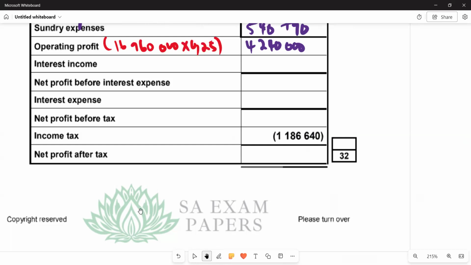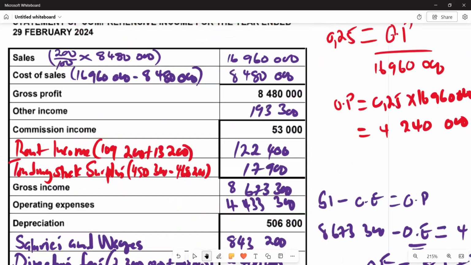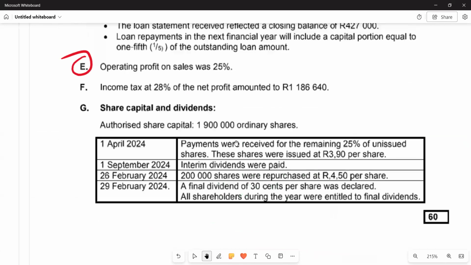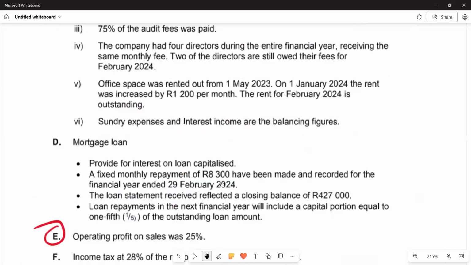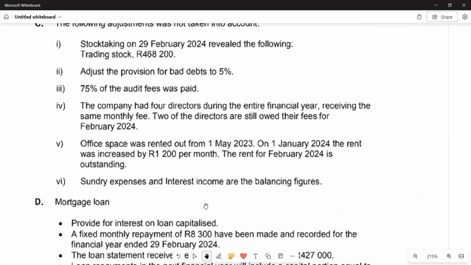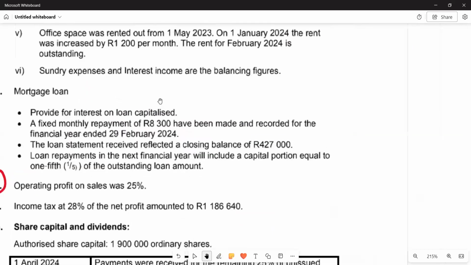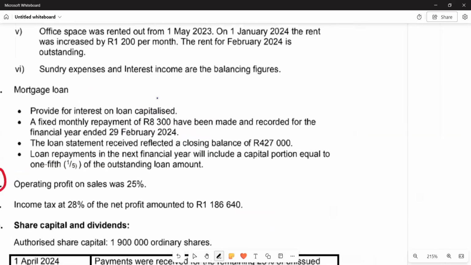How can we find interest expense? We've got information given in the additional information that we can use to find our interest expense. So we are here. Provide for interest on loan capitalized. And then a fixed monthly repayment of 8,300 has been made and recorded for the financial year ended 29 February 2024.